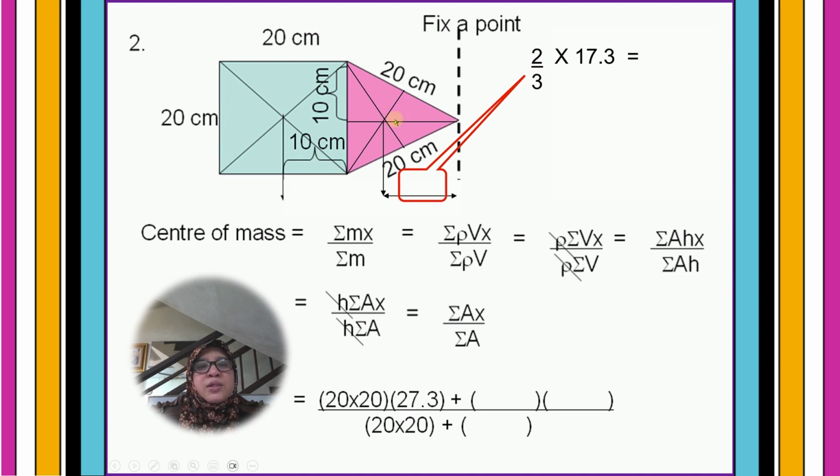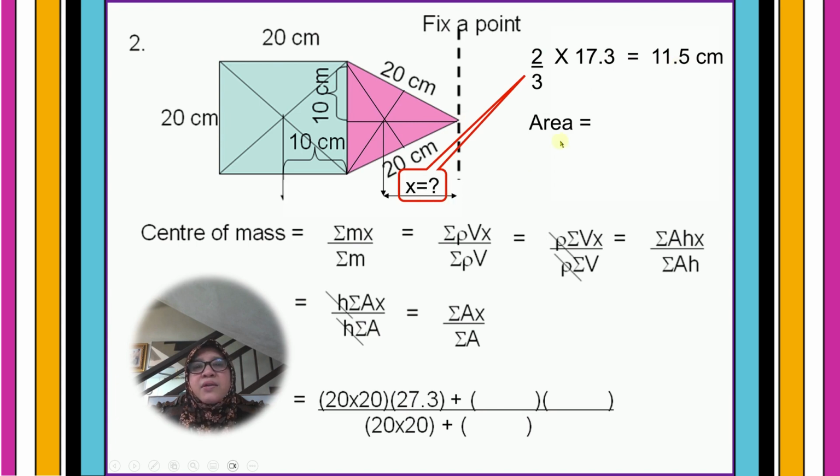This is mass knowledge you all have. So 2/3 times the 17.3, the whole length calculated just now. So 2/3 of 17.3, you get 11.5. That means the distance of the center of mass of the equilateral triangle from the fixed point is 11.5.